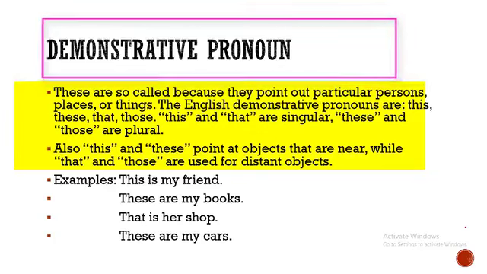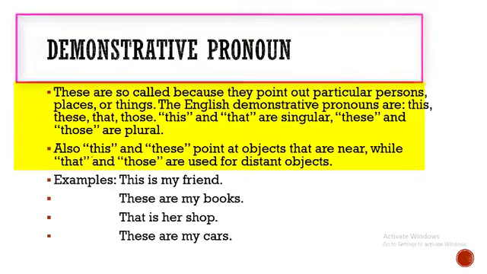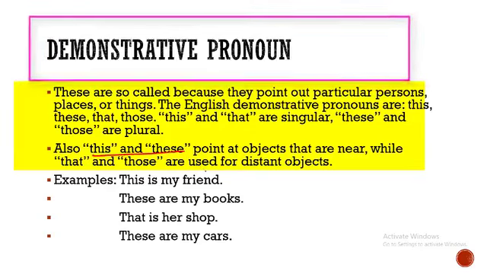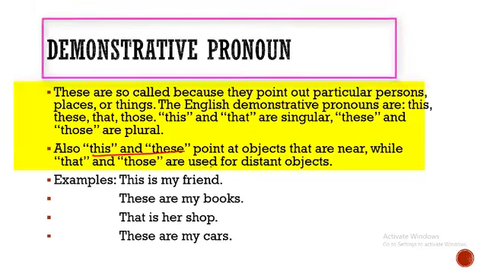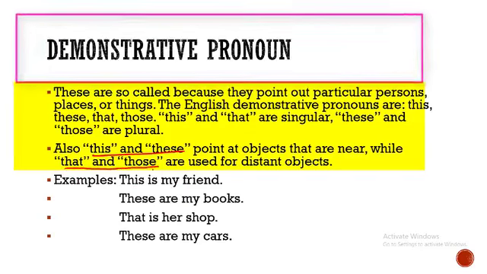Objects that are distant away from the speaker, we use a particular pronoun. So, to denote a close range, we use this and these. To denote a distant range, we use that and those.